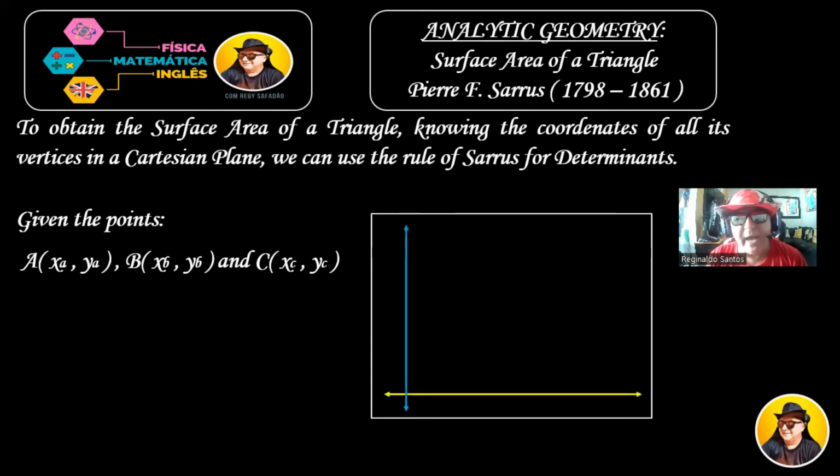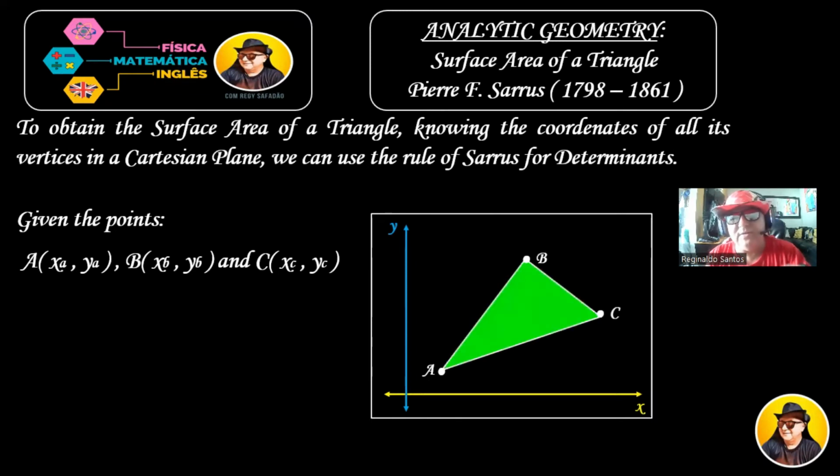Now the Cartesian plane. Okay, x number line, y number line, point A, point B, and point C. Okay, so there is a triangle when you get them together. So we have here a green triangle.